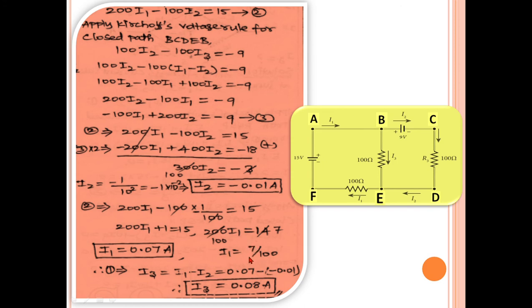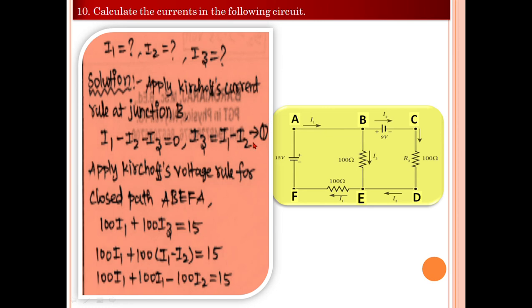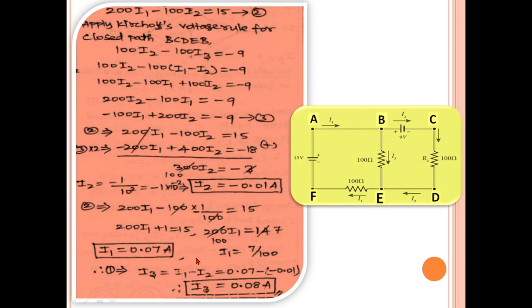Substituting this I1 value in equation number 1: I3 is equal to I1 minus I2. The value of I1 is 7 by 100, which is 7 into 10 power minus 2, that is 0.07 ampere.